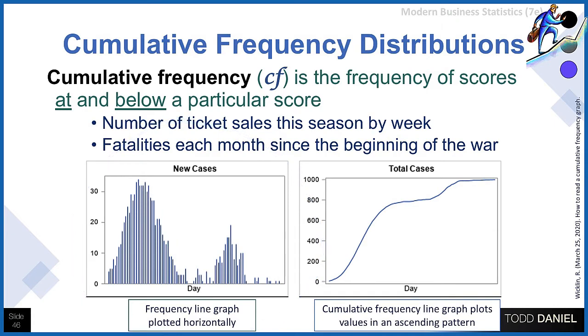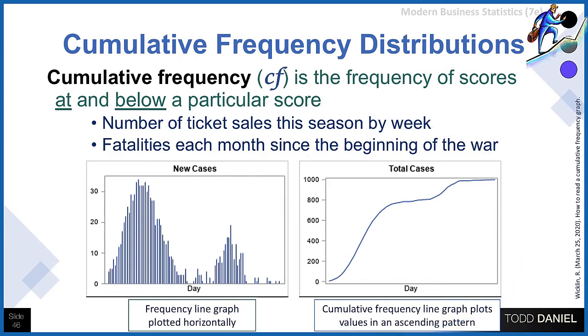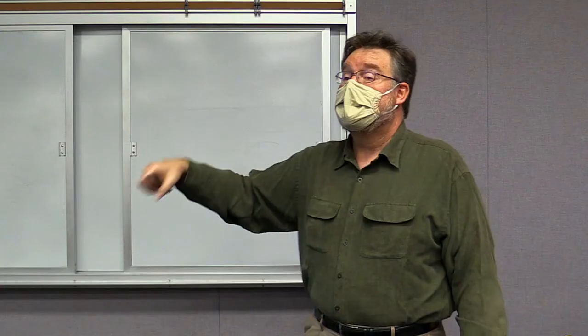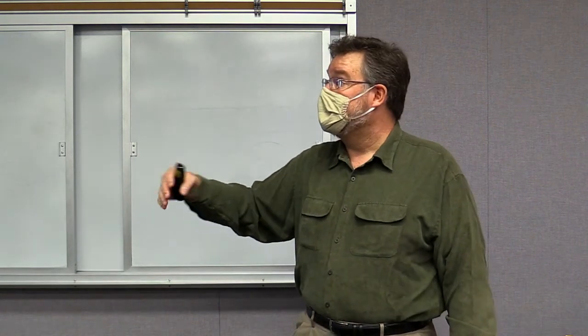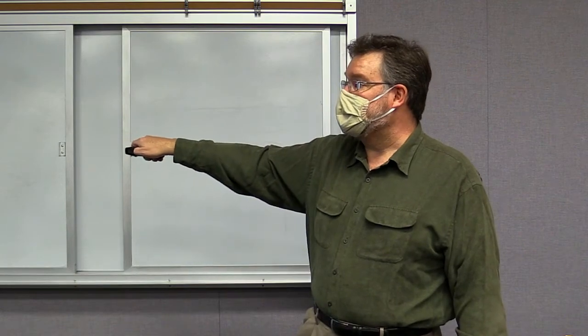We want to know the simple frequency, number of cases per day, and that tells us something about the trajectory of the outbreak. We're able to say, oh, it's getting worse or it's getting better by looking at that simple frequency. However, if we're tracking the number of cumulative cases or typically the number of deaths, then we will use a cumulative frequency. With that, the steeper the curve, the more cases are being added, and as fewer cases are being added, we see it begin to flatline.